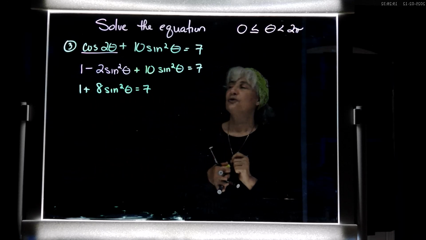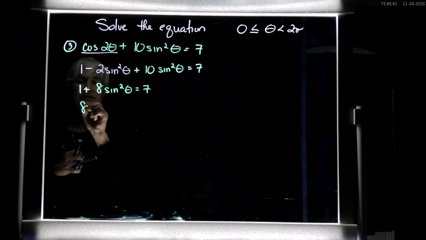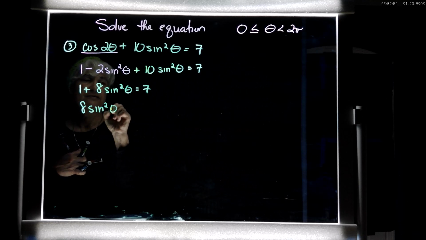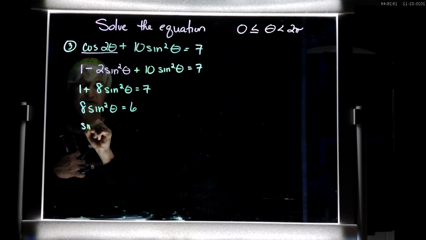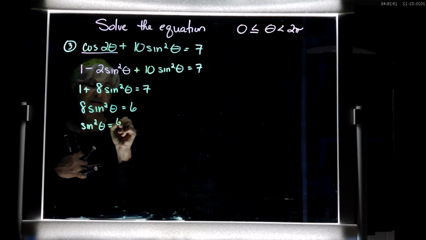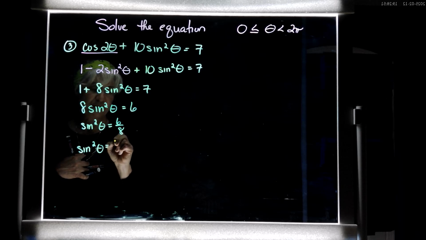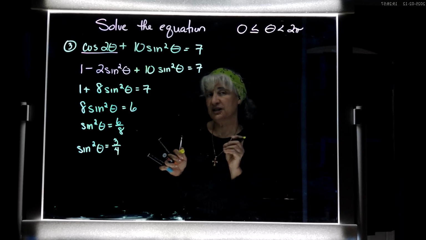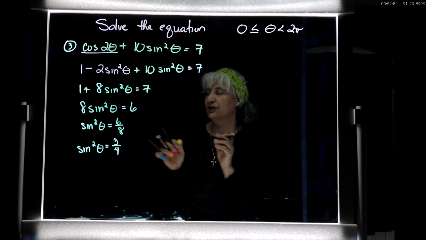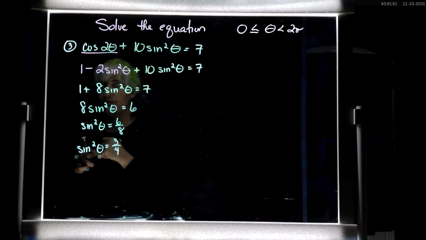Stay focused. Right, you've got to get the trig function by itself, so move the 1 over. And then you've got to move the 8, right? Because you need the trig function by itself. Well, gratefully 6 over 8 reduces, doesn't it? What does it reduce to? Yeah, 3 over 4. Got it. But the trig function is not quite by itself. Yeah, you got to get rid of the square, so take the square root of both sides.